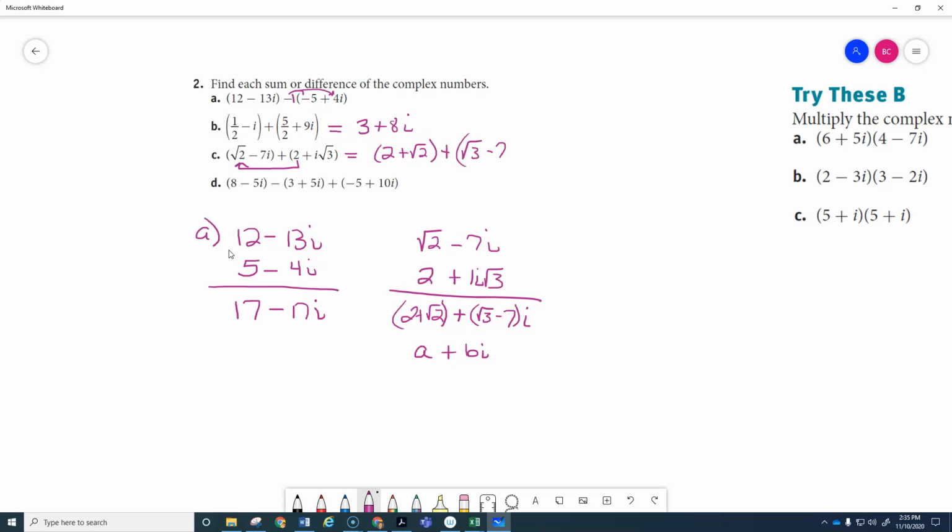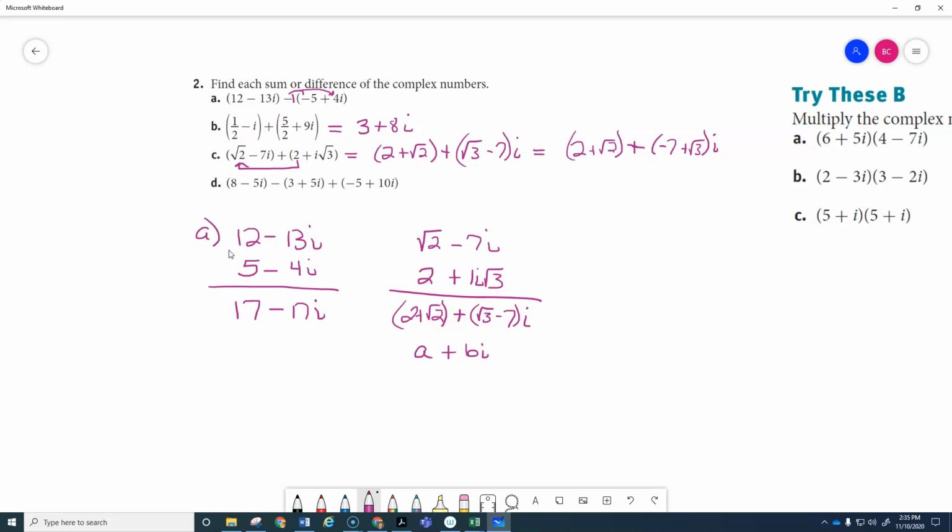Could they have written this the other way around? Yes. This problem right here could have been. You could also write that as 2 plus the square root of 2, and then plus negative 7 plus the square root of 3i. You could have rearranged those.